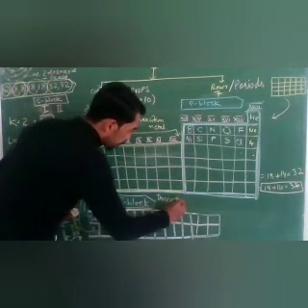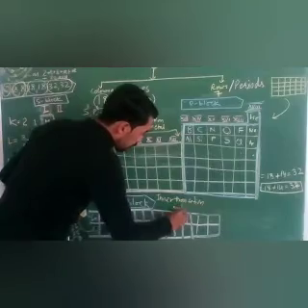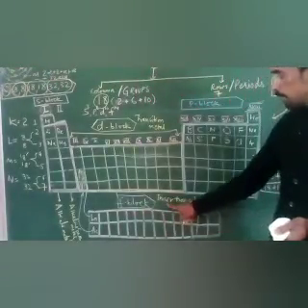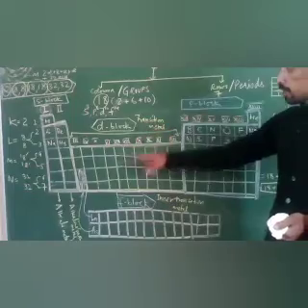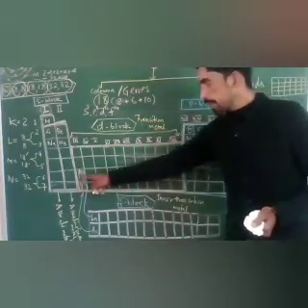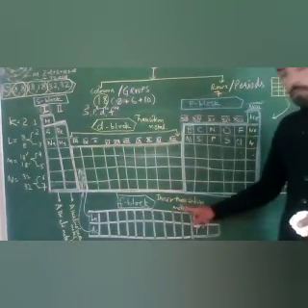Now the F block is inner transition. What do you mean by inner? Inside. Inside which is it? It is inside the transition metal. Because of that, the name of this block is inner transition metal.